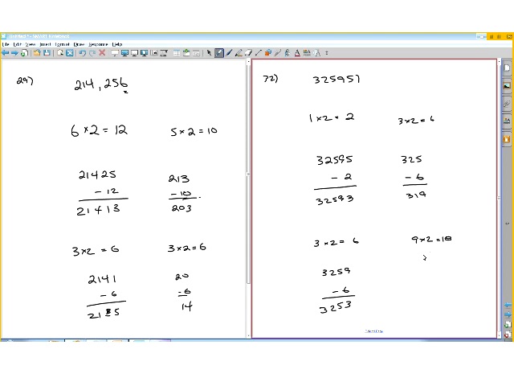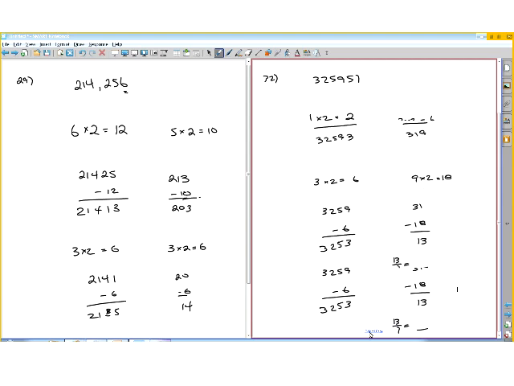We take 9 times 2, which is 18. Take the remaining 31 minus 18, and we get 13. 13 is not divisible by 7, so 13 divided by 7 does not equal a whole number.